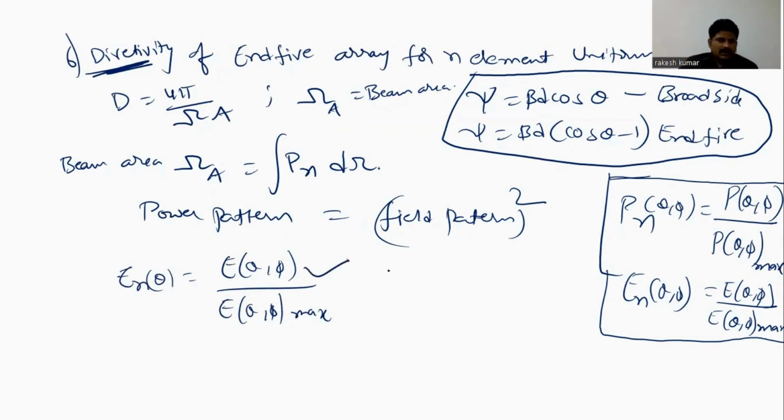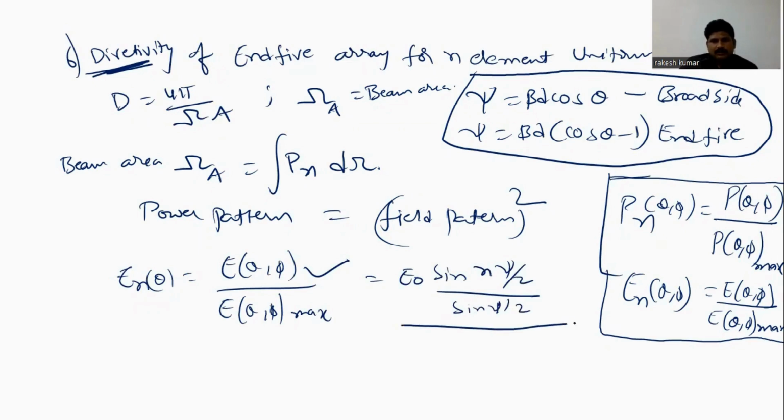We have to write it for an n element array. It is e naught into sine n psi by 2 by sine psi by 2. So this is the value of e of theta comma phi. What is the value of e of theta comma phi max? We have derived that e total by e naught is equal to n. Therefore, e total maximum value is n into e naught. So this is e max.